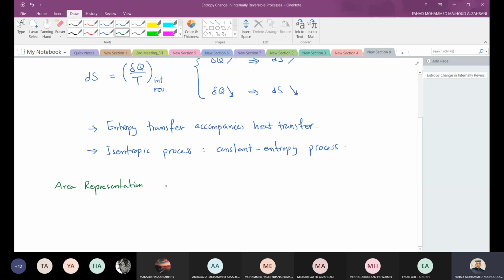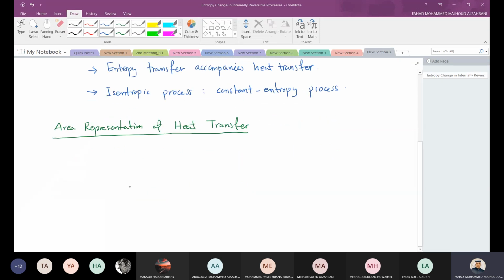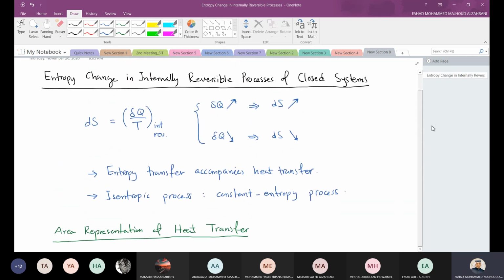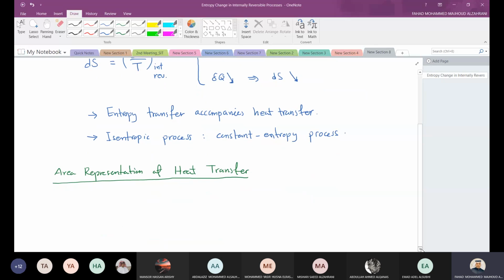If we look at this equation here, السؤال في أي سؤال يا شباب على اللي قبل what I just discussed? Any questions about this? We said the entropy transfer accompanies heat transfer. This is important. And then an isentropic process is a process where the entropy is constant. That's all what we discussed here.